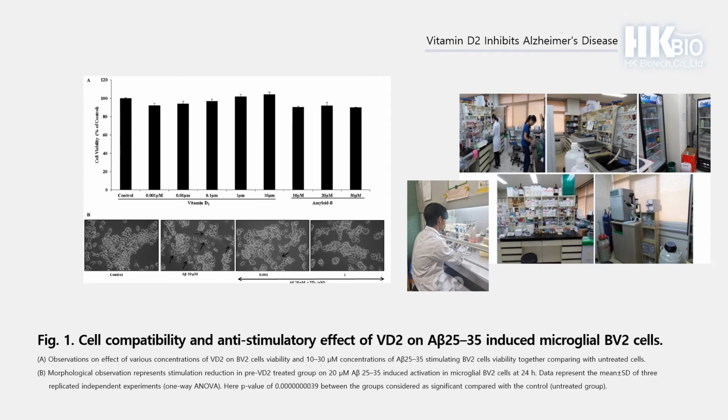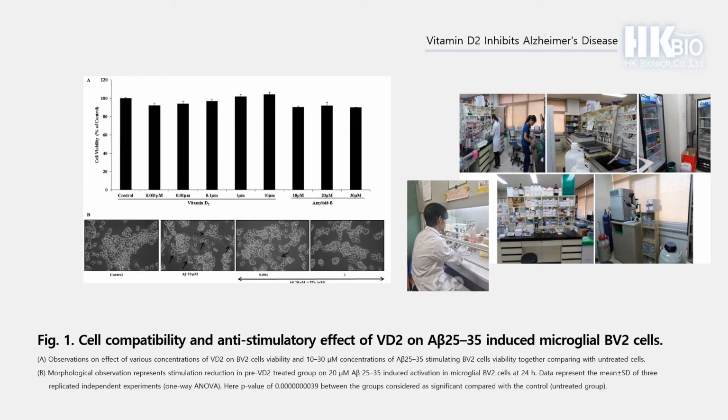Results. This slide shows the cell proliferation by A-beta and vitamin D2 measured by CCK8 assay. When you treat BV2 cells with a high concentration of vitamin D2 and A-beta, the cells will die. So we have to find a non-toxic range of concentration of these two substances.